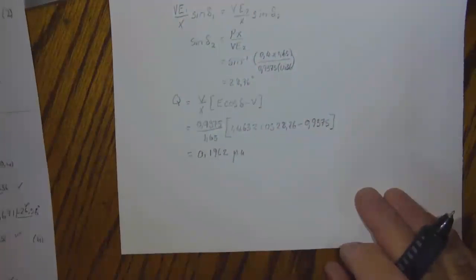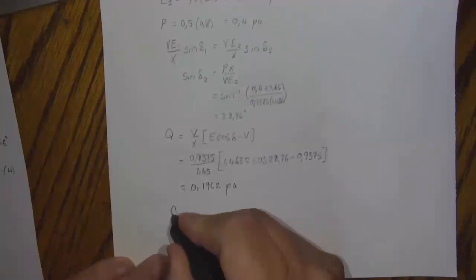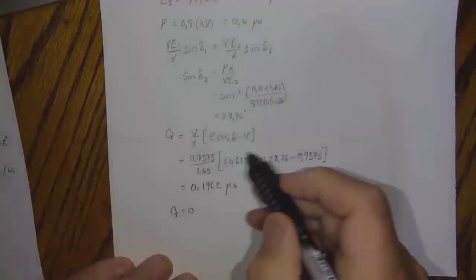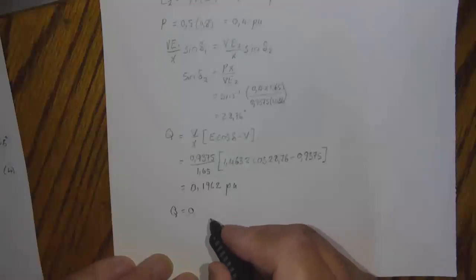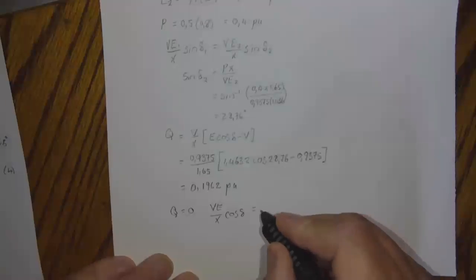Right, then the third question says, the prime mover is next adjusted without changing the excitation so that the machine delivers zero active power to the system. So we must compute the new load angle and the real power being delivered. So if Q is equal to 0, then with that equation, we have VE over X cos delta is equal to V squared.